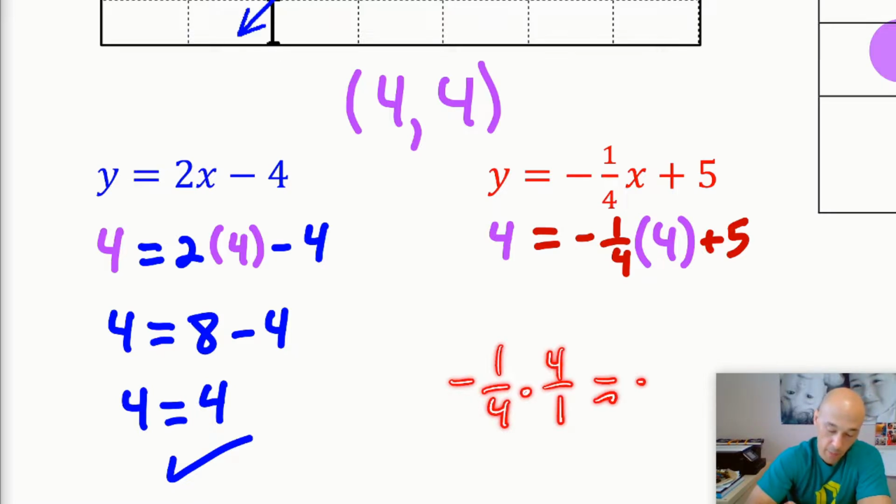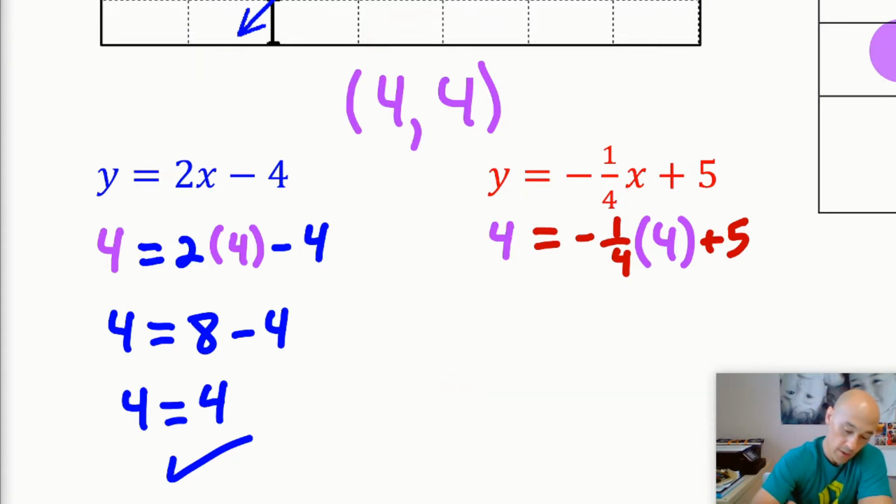A negative times a positive is a negative. In the numerators, 1 times 4 is 4, over, in the denominator, 4 times 1 is 4. And that equals negative 1. Negative 4/4 is equal to negative 1.